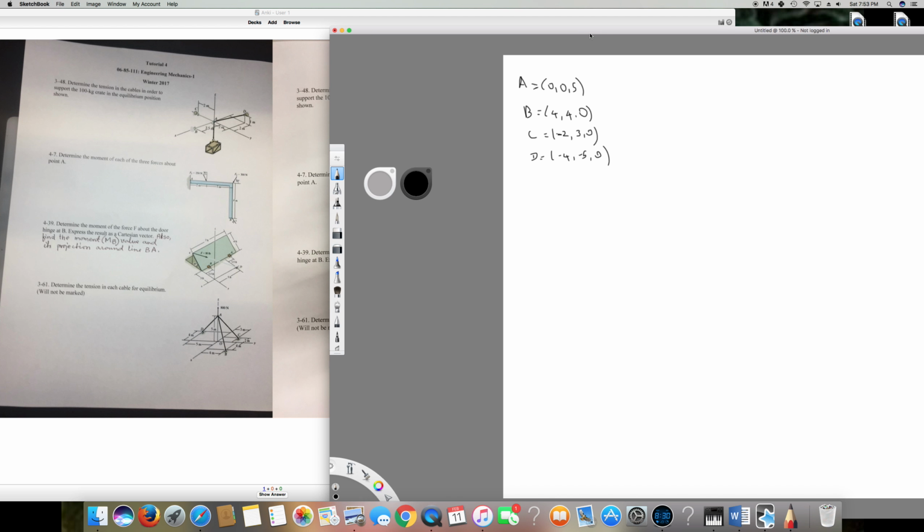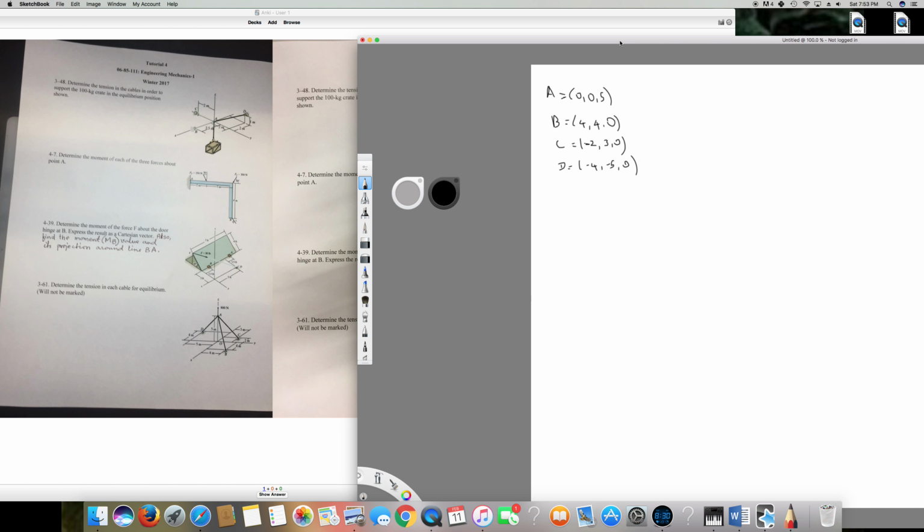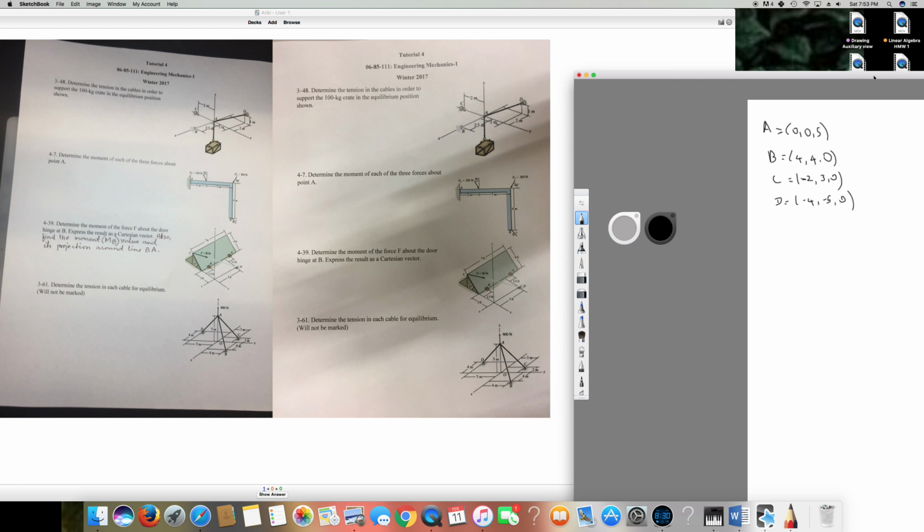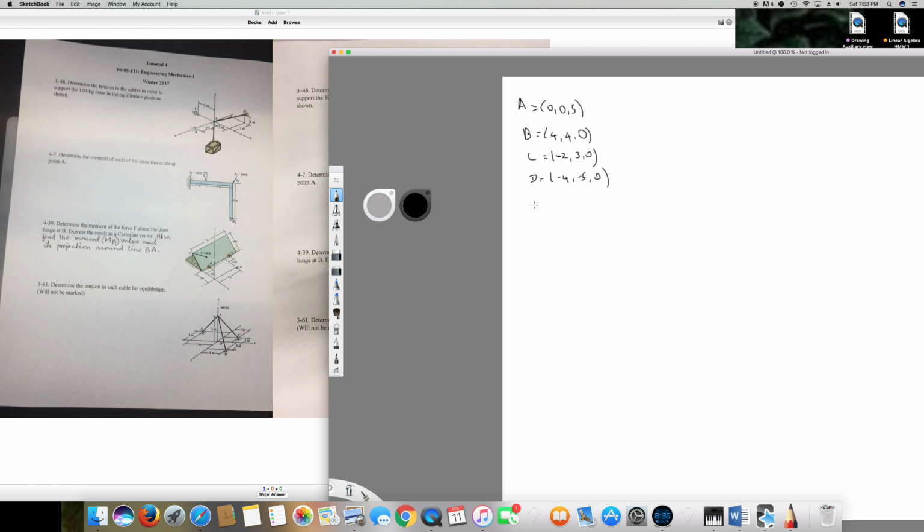So let's calculate each value. U_AB is going to be B minus A. So 4 minus 0 is 4i, plus 4 minus 0 is 4j, and 0 minus 5 is negative 5k, over the square root of all the values to find the magnitude of R_AB.